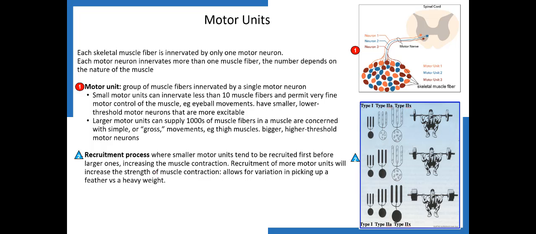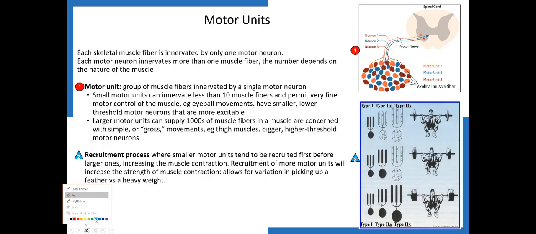So I talked about the relationship between the nerve fiber and the skeletal muscle when I talked about the neuromuscular junction. So let's talk about motor units, right? Each skeletal muscle fiber is only innervated by one motor neuron. So you look at the skeletal muscle fibers.